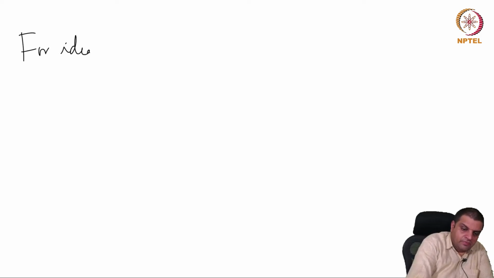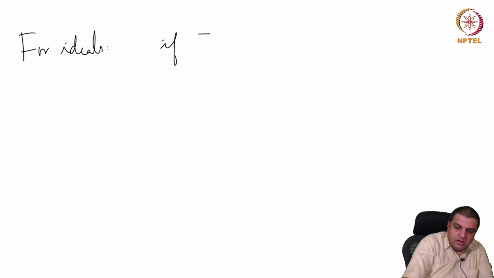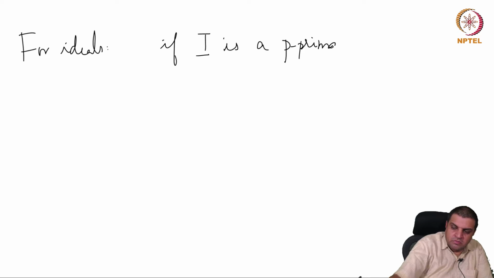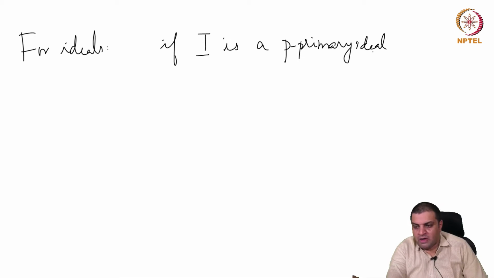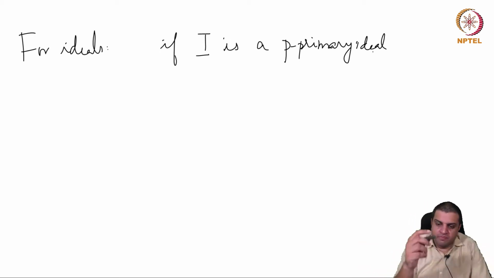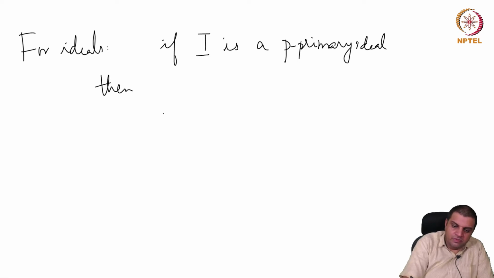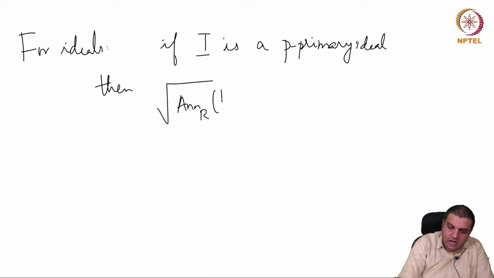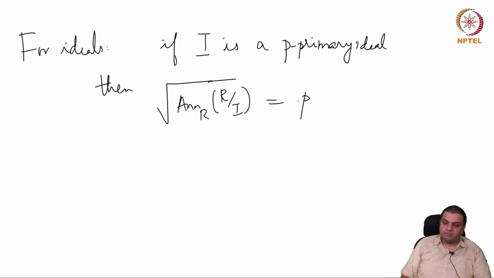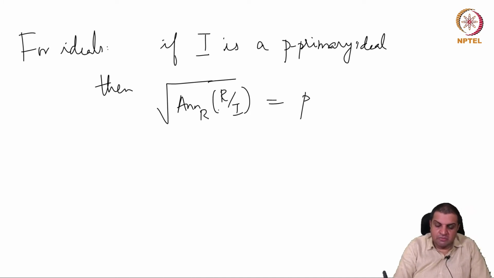If I is a P-primary ideal, meaning a P-primary submodule of R, then the radical of the annihilator in R of R mod I is P. But what is the annihilator of R mod I?